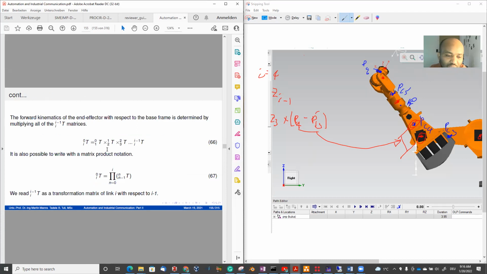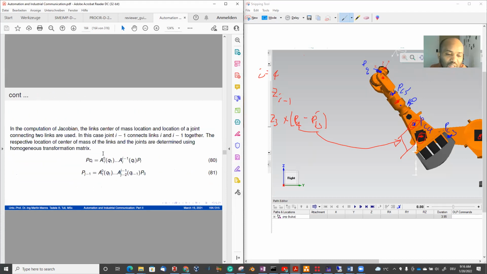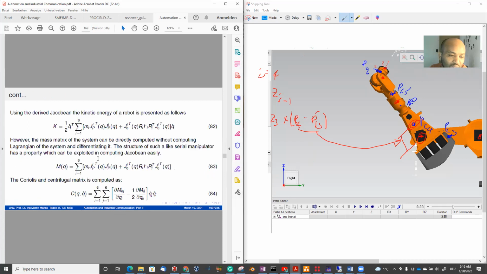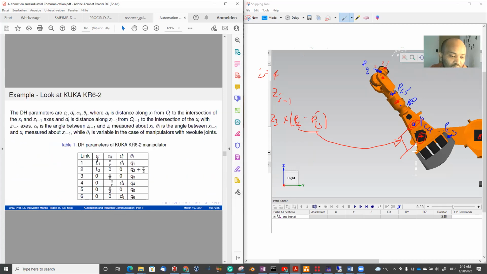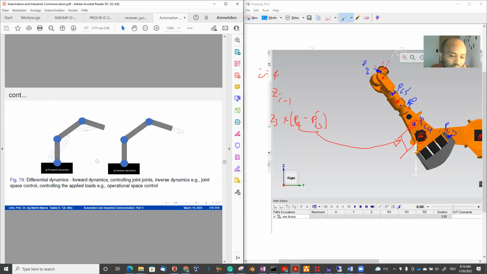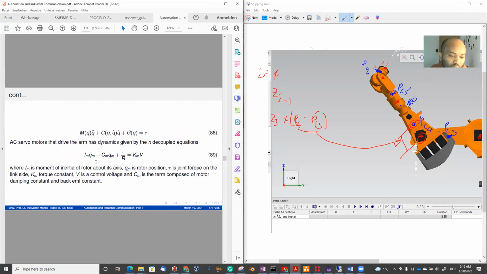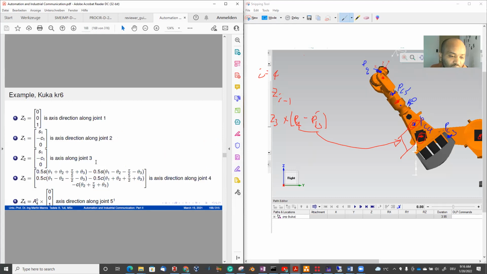For example, you have defined your matrix, then you take the third column. For example, Z0 is 0 0 1, Z1 is minus S1, C1, 0, something like this, and this is what you take.